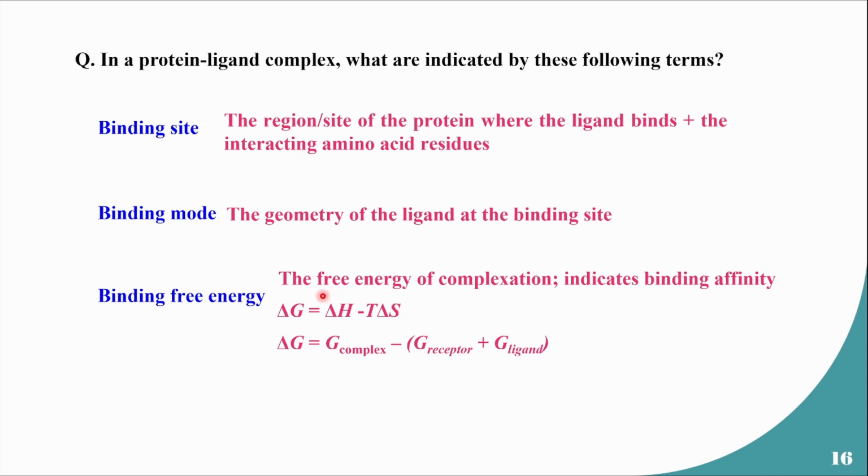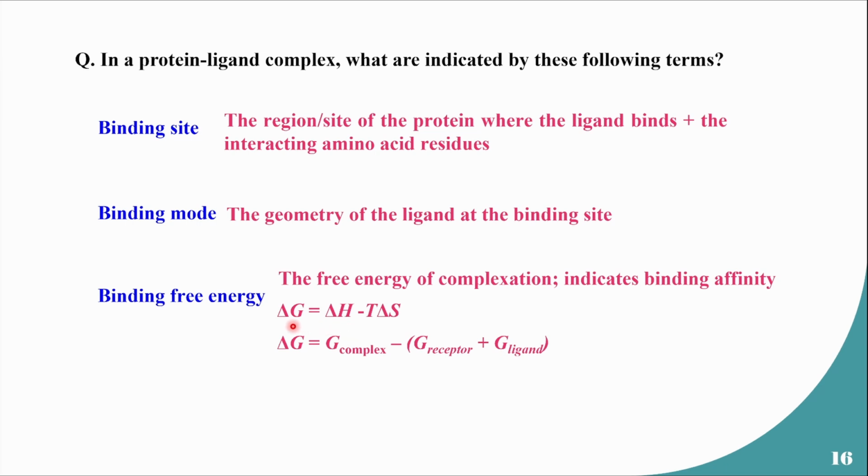In certain cases, delta H can be further decomposed into different components. For example, there will be energies corresponding to van der Waals interactions, electrostatic interactions, and solvation, polar solvation energy, non-polar solvation energy, and so on. In total, that will give you the binding enthalpy. Combining with entropy, you will get the binding free energy, right?